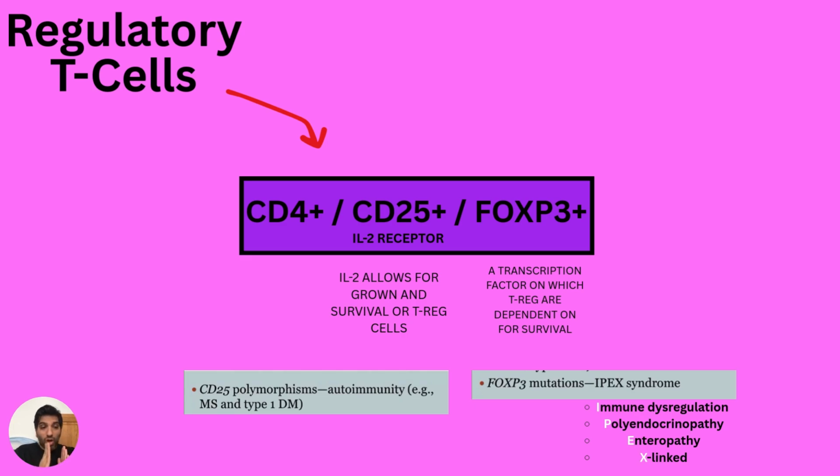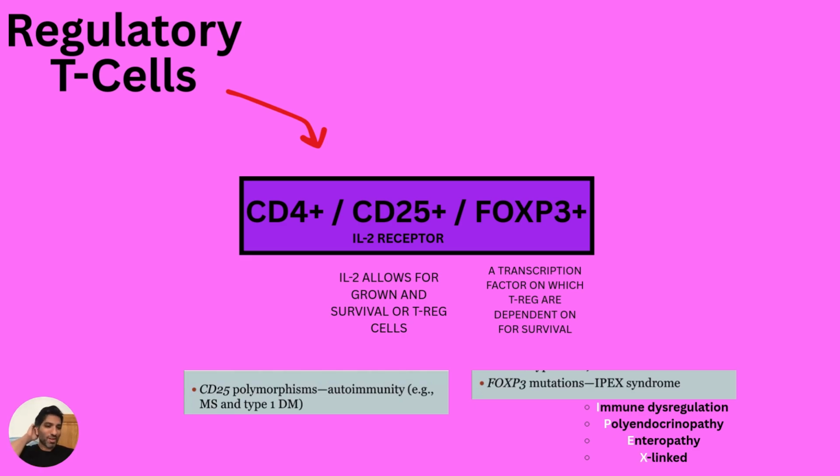So he has autoimmune type 1 diabetes because he had a polymorphism in CD25 that led to the accidental destruction of his pancreatic islet cells. Okay. Now the FOXP3, let's talk about that real quick. If you have a mutation in FOXP3, that causes IPEX syndrome. I've never seen this before.